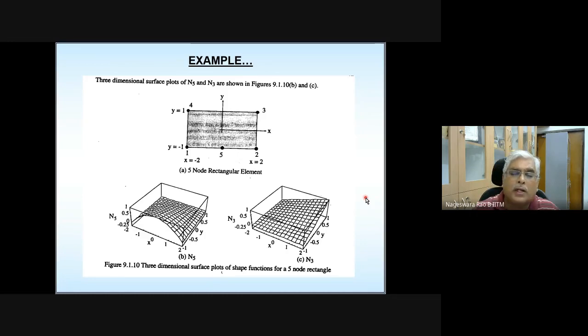For example, the shape function expression for node 5 is plotted. We can see from this figure, this shape function for node 5, n5, should be quadratic along this edge, and it should be equal to 0 along this edge, this edge, and this edge. So that is what is shown here.